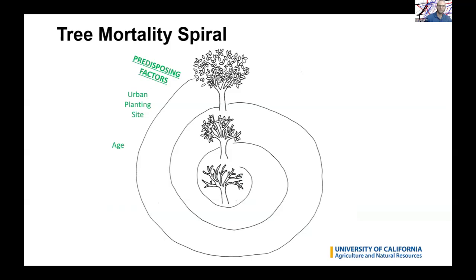So in our urban environments, we have all these predisposing factors that we generally can't change, right? So we're dealing with our urban planting site. We can't make it a nice natural forest. When we're planting our plants, they're at a certain age already. We can't change that. Their genetic potential is already predetermined.